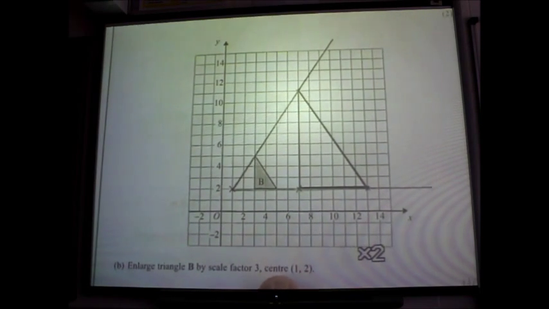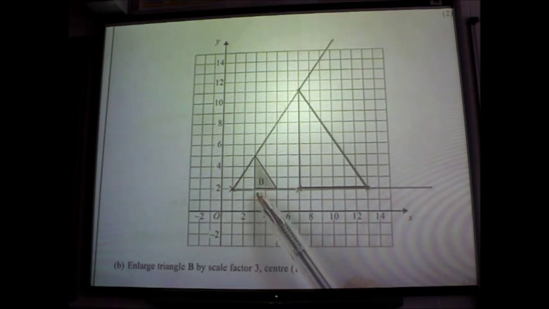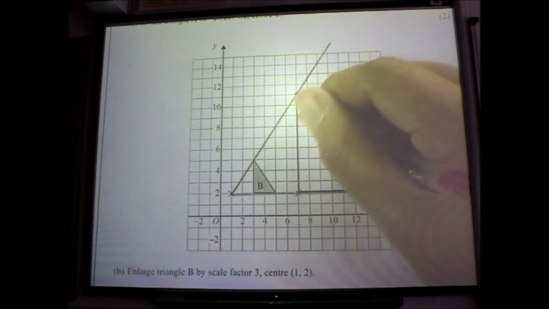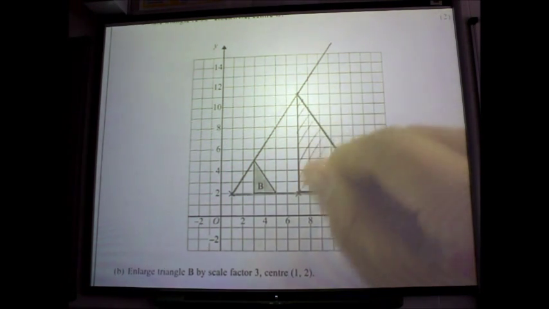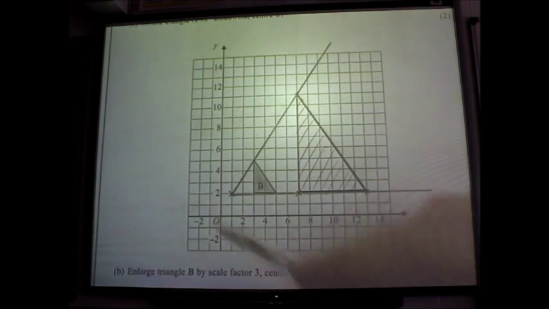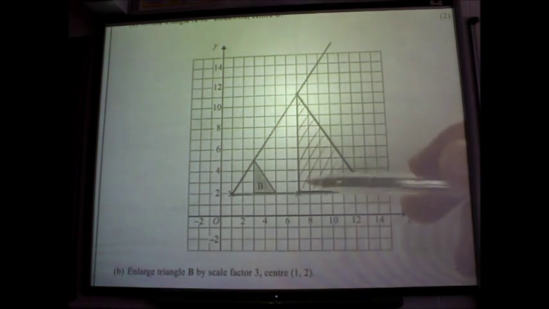You've got to enlarge triangle B by scale factor 3 around the point (1, 2). Now they've marked the point on it. Scale factor 3 means it needs to be 3 times as big. So you can see my triangle here, which I'll shade in so it's clear for you. My triangle is 6 wide at the bottom, and because it's 3 high here, it's 9 high.